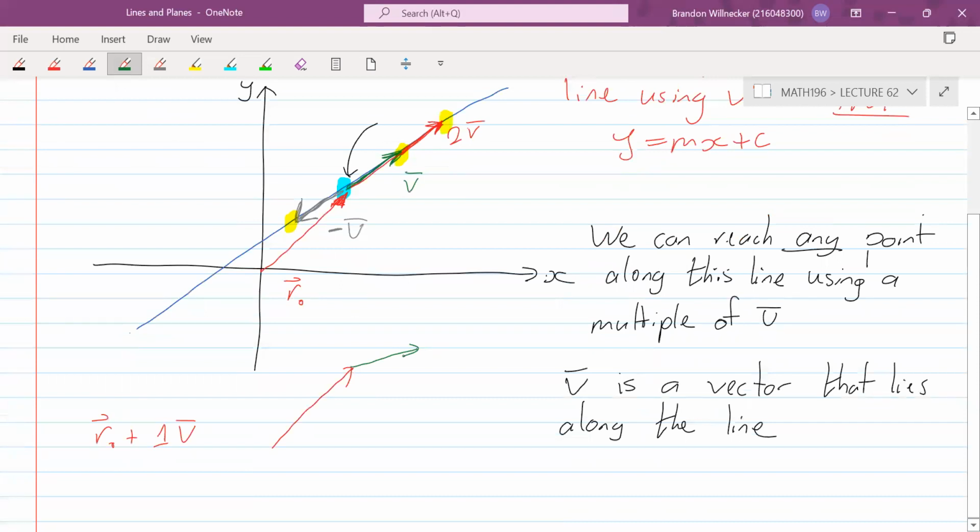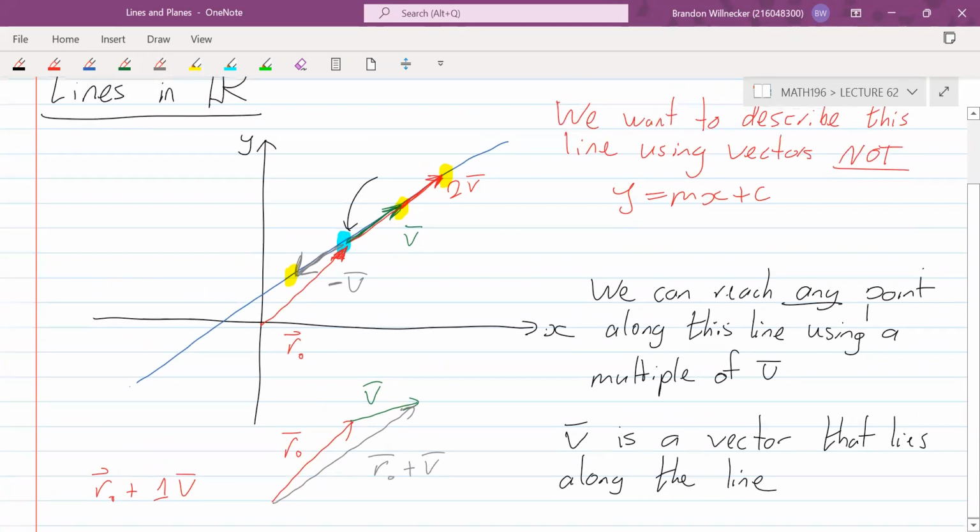So R0 plus v is going to be this vector along here. That's R0 plus v, which is this vector over here. And we can see that reaches the point that we wanted.